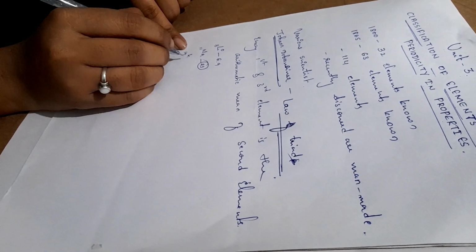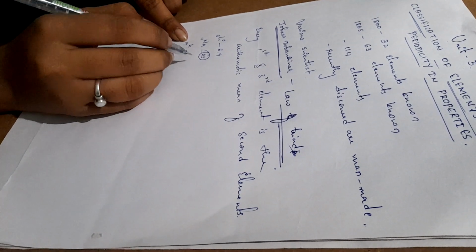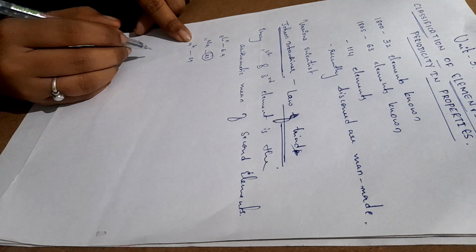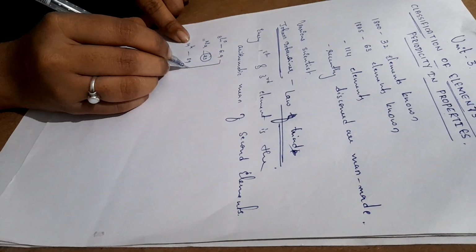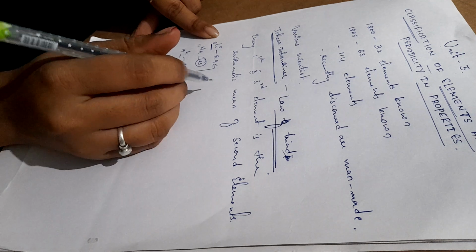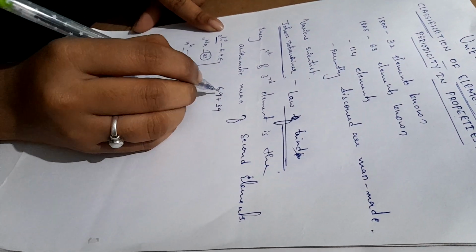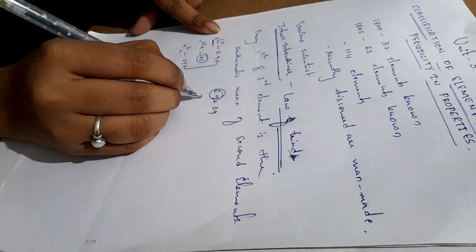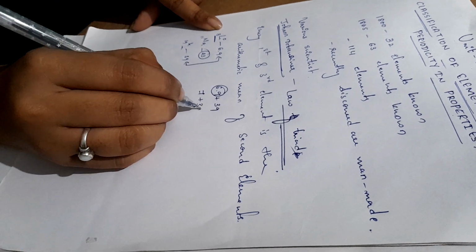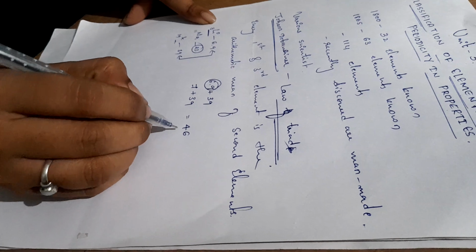The atomic mass of potassium is 39. So when we add the first element and the third element, 6.9, taken as 7, plus 39, we get 46.